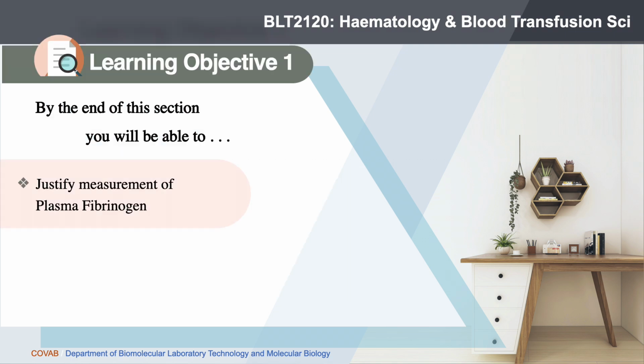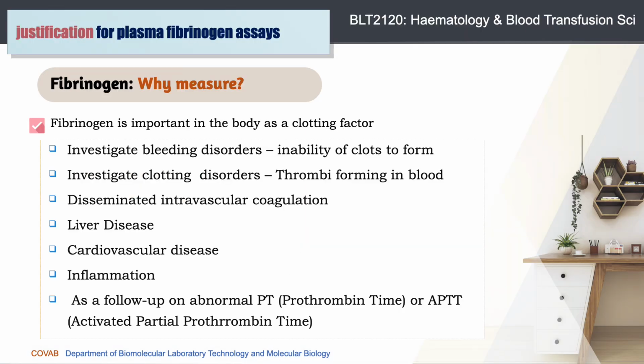Let's start with learning objective 1. By the end of this section, you'll be able to justify the measurements of plasma fibrinogen. So, fibrinogen, why do we measure it? Fibrinogen is an important blood component because it's a clotting factor.